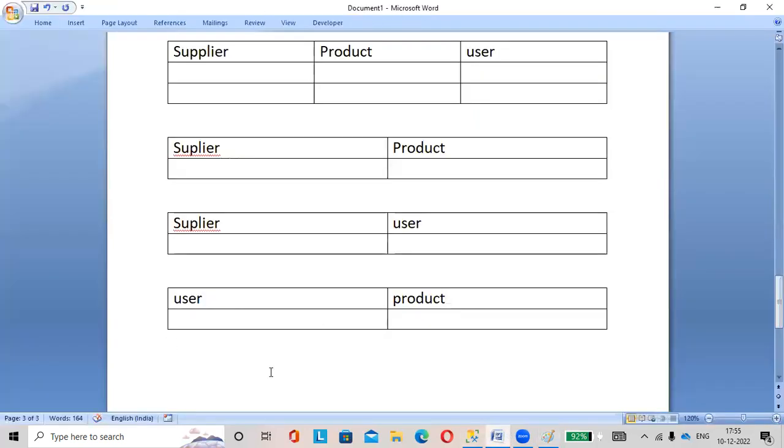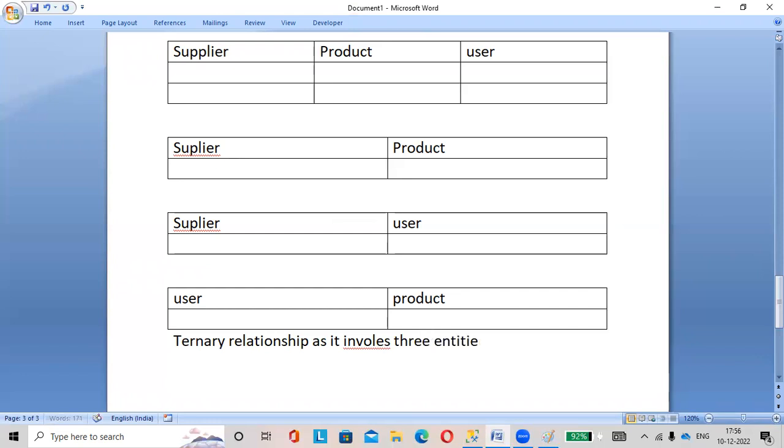Ternary relationship, as it involves 3 entities.